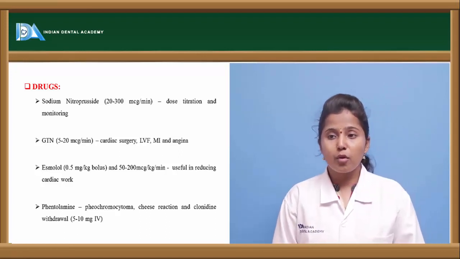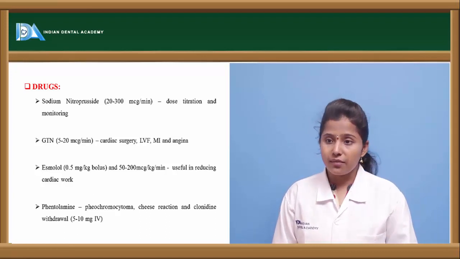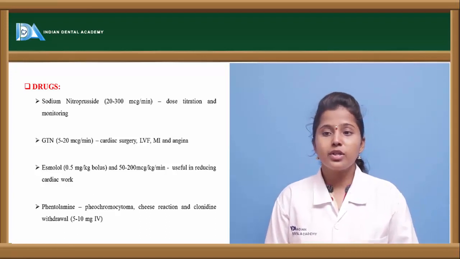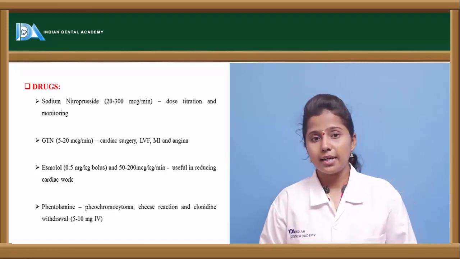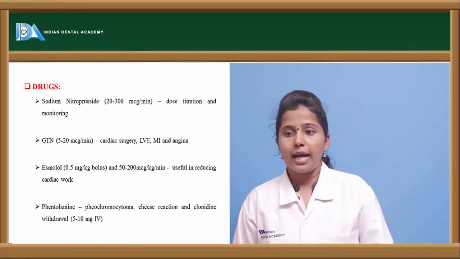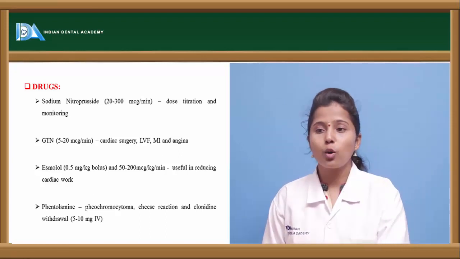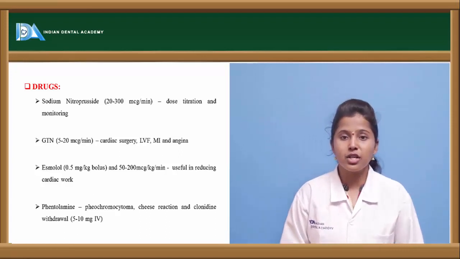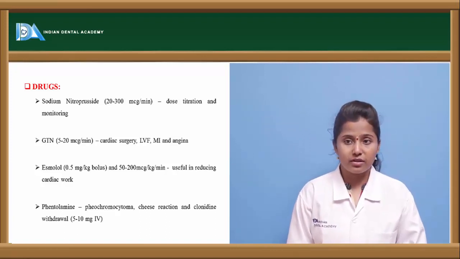Per 1 kg of body weight, 50 to 200 micrograms of esmolol per minute is given, and it is useful in reducing cardiac work. The excess stress on the heart can be reduced. And phentolamine is used in the condition of pheochromocytoma or cheese reaction in the dose of 5 to 10 mg intravenous.